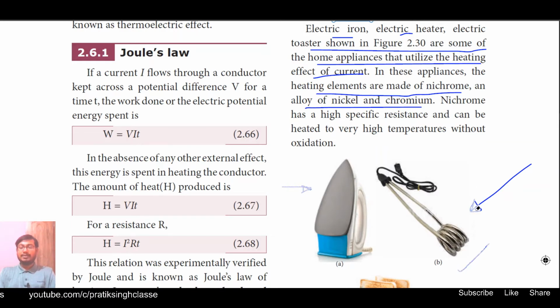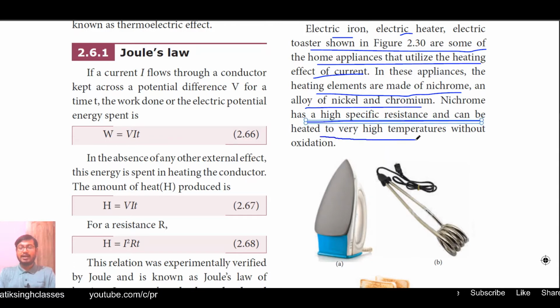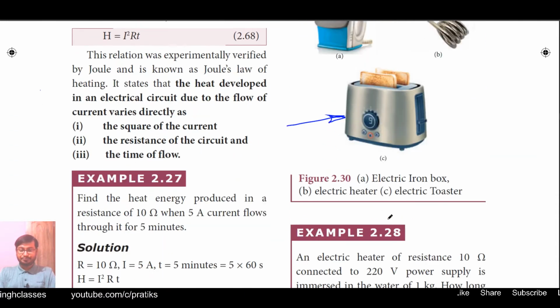So when current passes through it, it gives high resistance, and because of that it becomes hot as soon as possible. Okay, nichrome has high specific resistance and can be heated to very high temperatures without oxidation. Means once current starts flowing through it, it will become hot, and also because they are inactive at room temperature or even at high temperatures, that is why they don't corrode, they don't oxidize. That is why nichrome wire is used here.